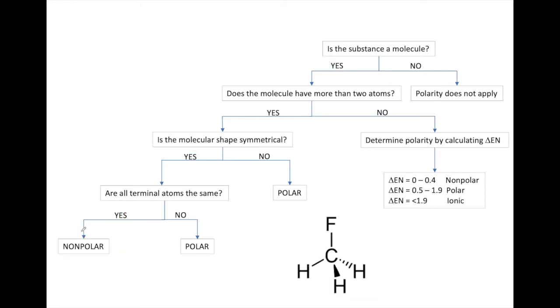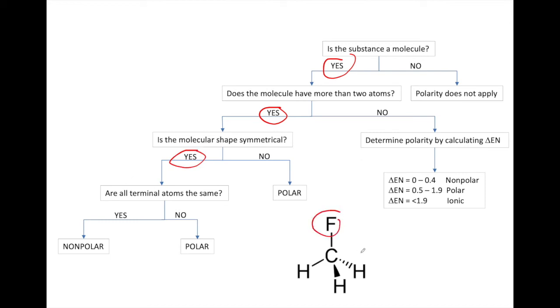Okay. Let's look at our other example, CH3F. Is this substance a molecule? Yes, it is. We have 2 or more nonmetals bonded together. Does it have more than 2 atoms? Yes, this is polyatomic. Is the molecular shape symmetrical? We said tetrahedral is a symmetrical shape. Are all the terminal atoms the same?